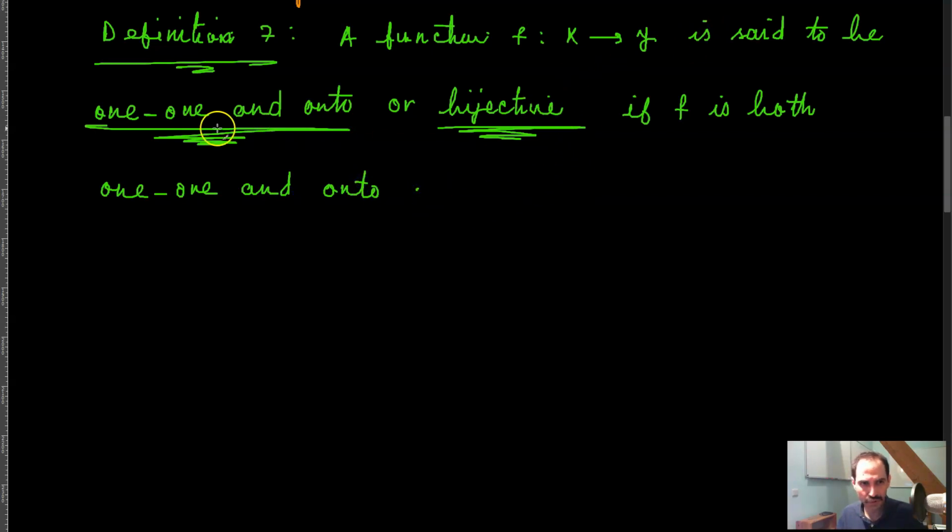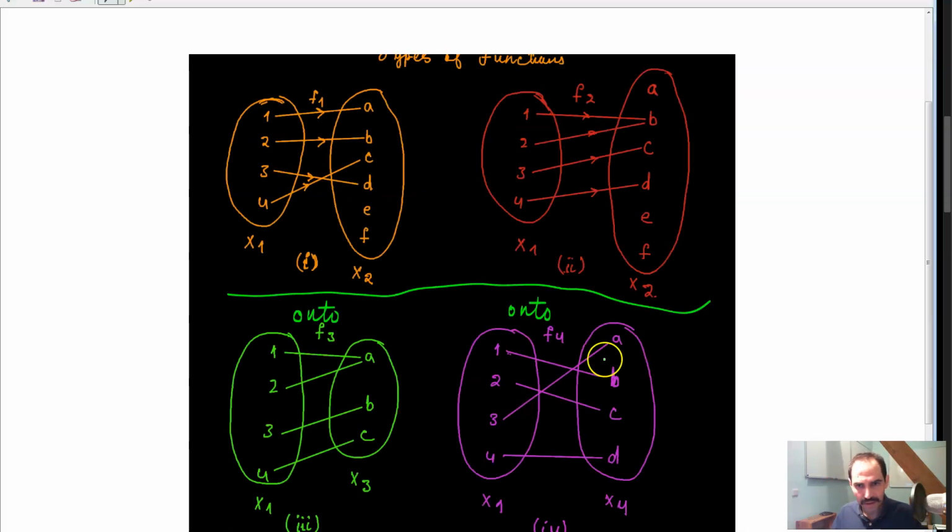If you have understood 1-1, and if you have understood onto, then if the function is both 1-1 and onto, put both of them together, you can call it a bijective function. It's very simple. And the function f4 that we had here is actually an example of that.